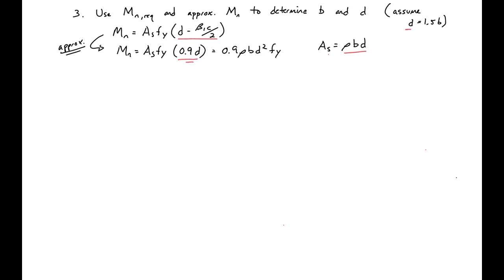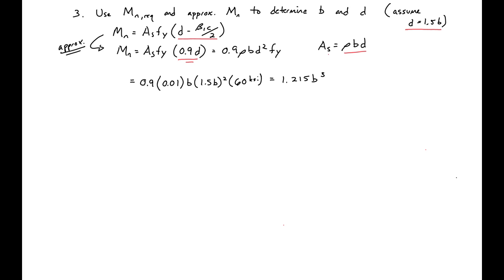If we assume that our D is equal to 1.5 times B and plug in our values, we'll get 0.9 times our row, which we found and decided on the previous page, 0.01 times B times D, which we're going to plug in as 1.5 times B squared, and then times 60 KSI. We'll get a value here of 1.215 B to the third.